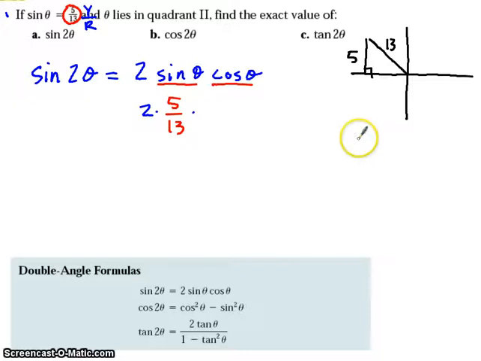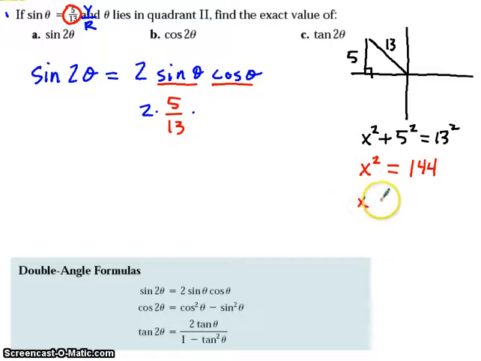And so we say that x squared plus 5 squared is equal to 13 squared. And we're going to solve for x by some algebra. We got 13 times 13 is 169. 169 minus 25 gives us 144.